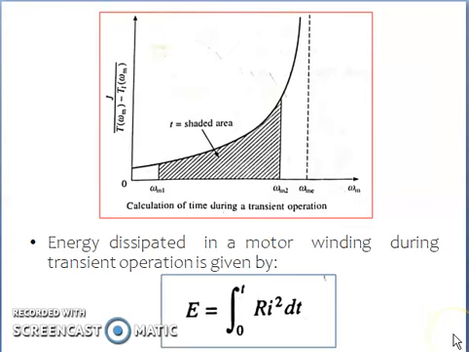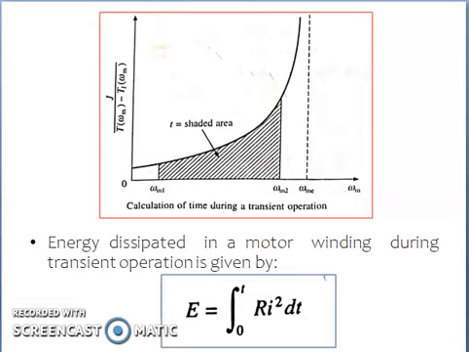Similarly, the energy dissipated in the motor winding during these transient operations can be given by E is equal to the integration from 0 to t of R I square dt, where R is the winding resistance of the motor and I is the current flowing through that particular winding.